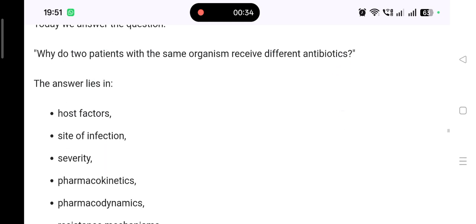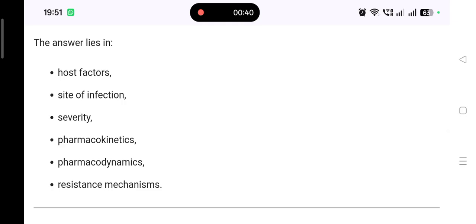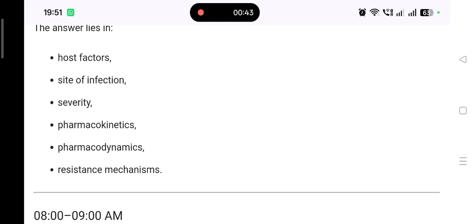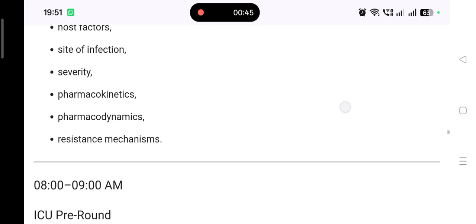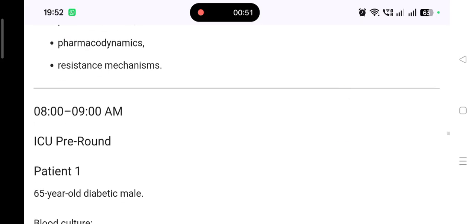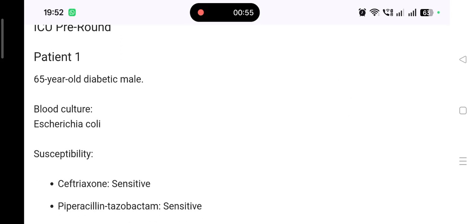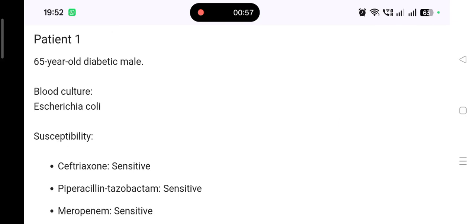So, why do two patients with the same organism receive different antibiotics? The answer lies in host factors, site of infection, severity, pharmacokinetics, pharmacodynamics, and resistance mechanism. For pre-round, patient 1 is a 65-year-old diabetic male.